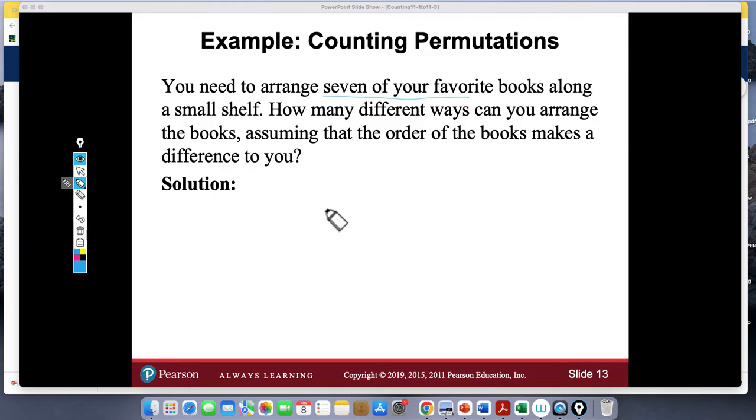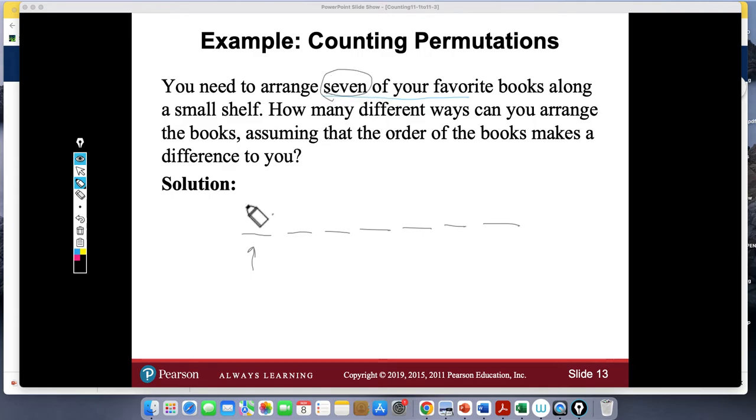So how do we do this one? Same thing we've been doing. Let's maybe change color. We've got 7 books, so we're going to put down 7 slots because we have 7 choices, right? 1, 2, 3, 4, 5, 6, 7. How many books do we have to choose to put in the first slot?